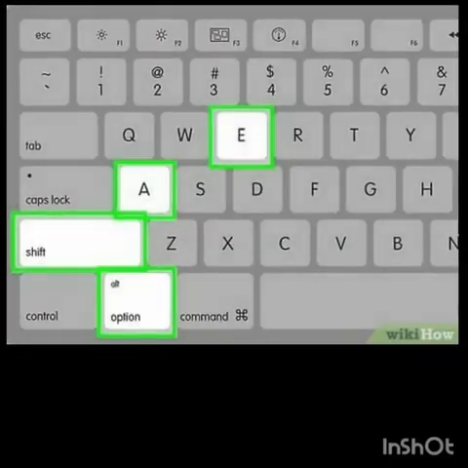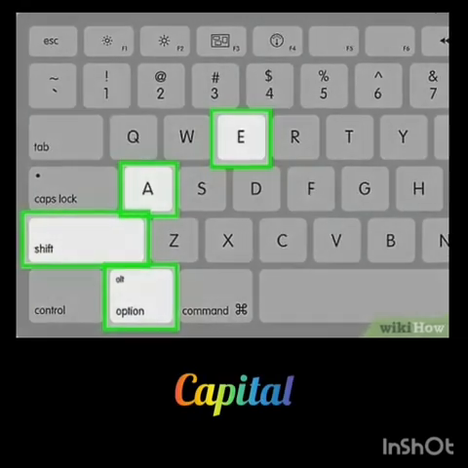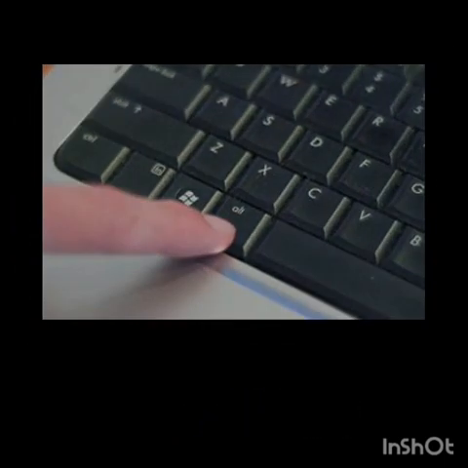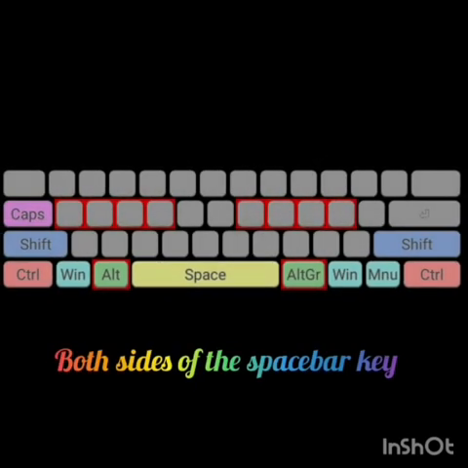If you press the shift key along with any alphabet key, then that alphabet will appear in capital. Next, Alt key. This is an Alt key. Alt is a modifier key on both sides of the spacebar key.